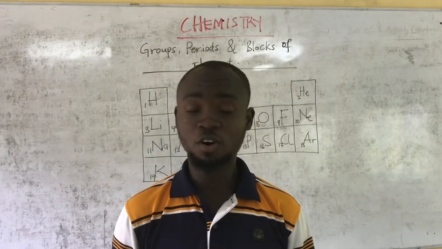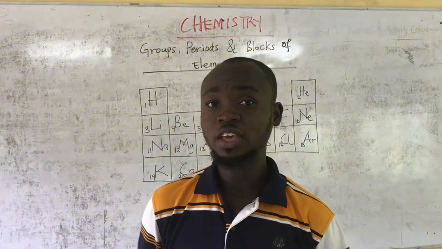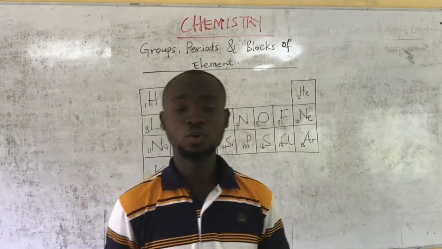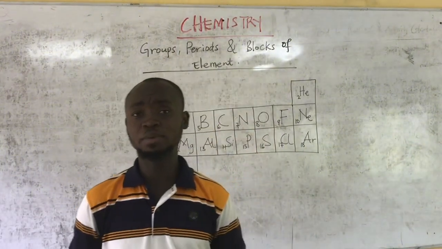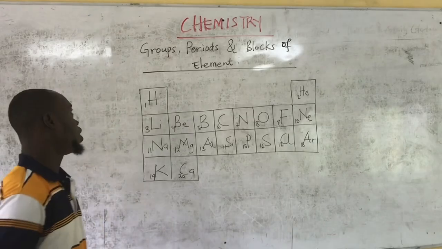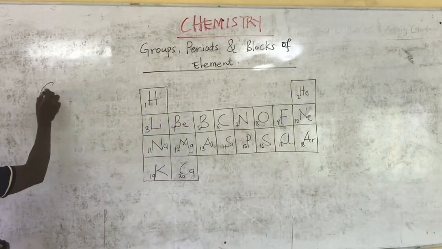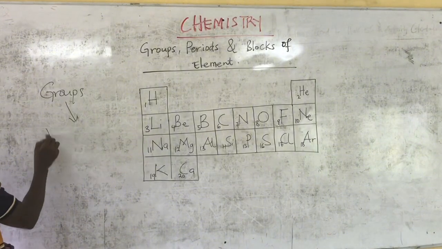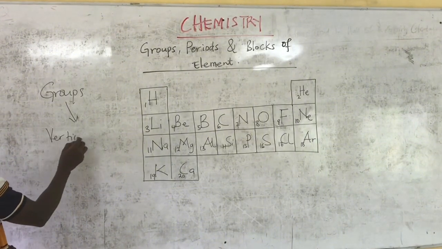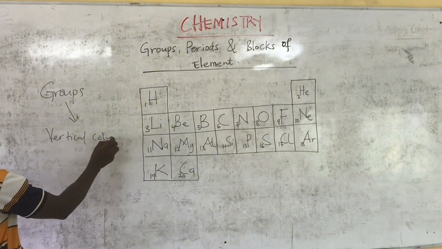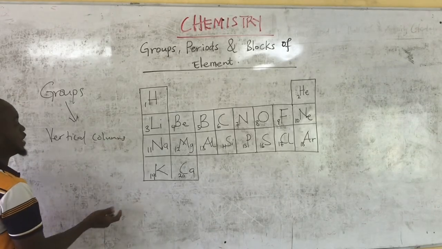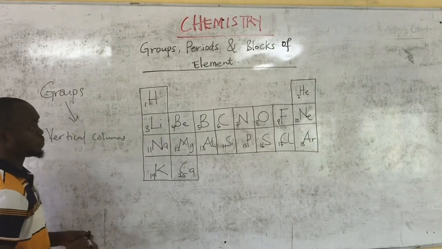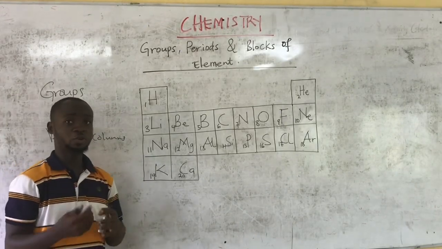What is a group of elements on the periodic table? It is a vertical column, or the vertical arrangement of elements on the periodic table. So once we're looking at groups, the groups represent the vertical columns.